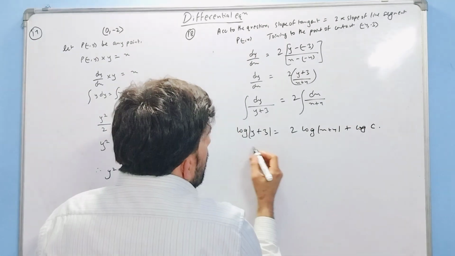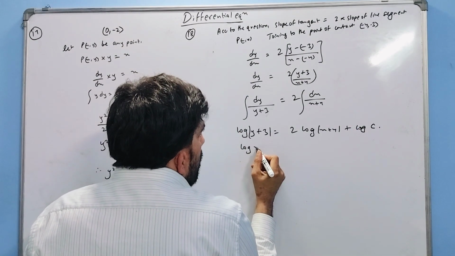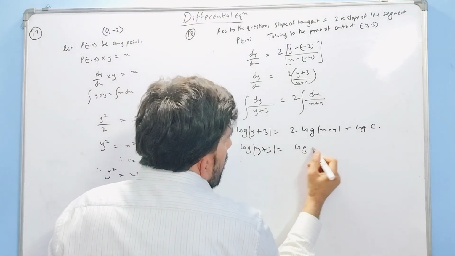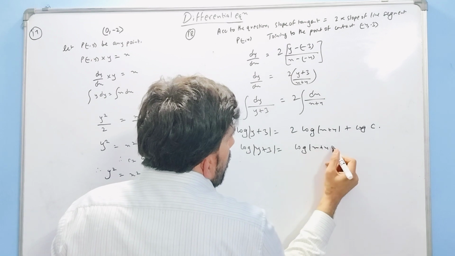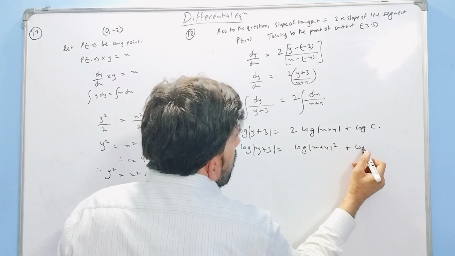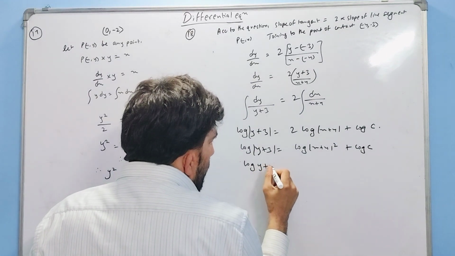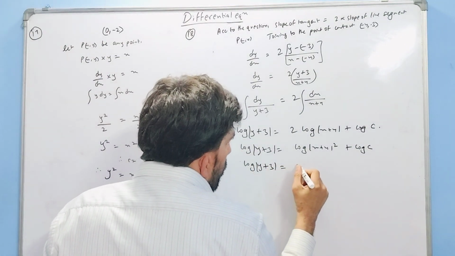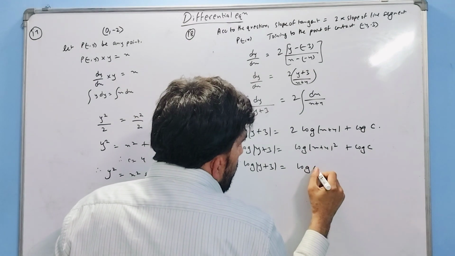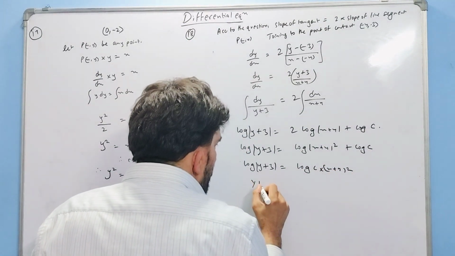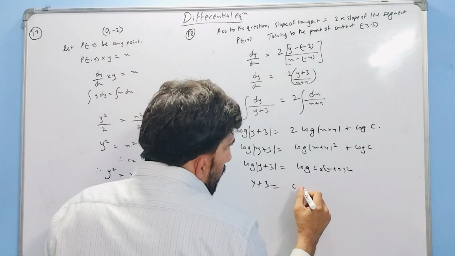Now log of y plus 3 is equal to log of x plus 4 square plus log c. Now log of y plus 3 is equal to log of c into x plus 4 whole square. So we got y plus 3 equals c into x plus 4 whole square.